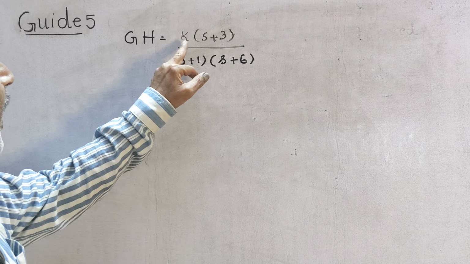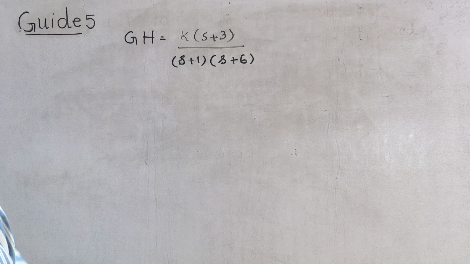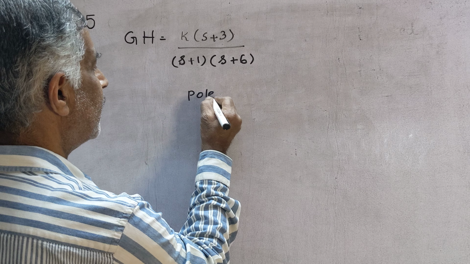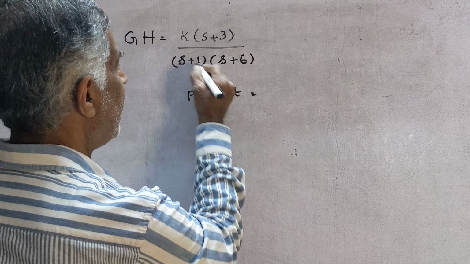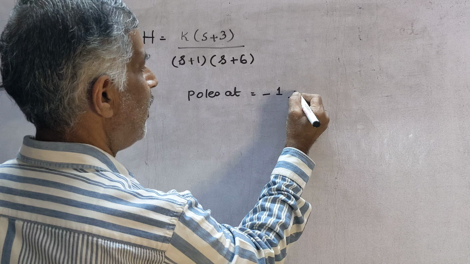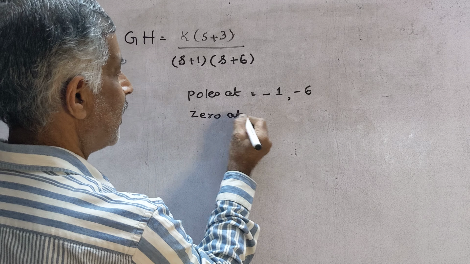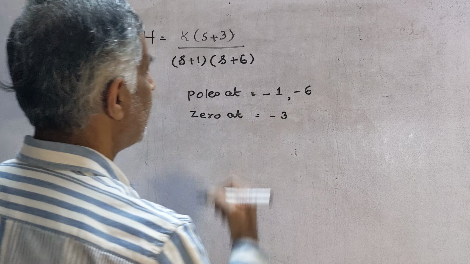Next, G(s)H(s) equals K into S plus 3 divided by S plus 1 into S plus 6. Now poles are at minus 1 and minus 6, zero at minus 3.